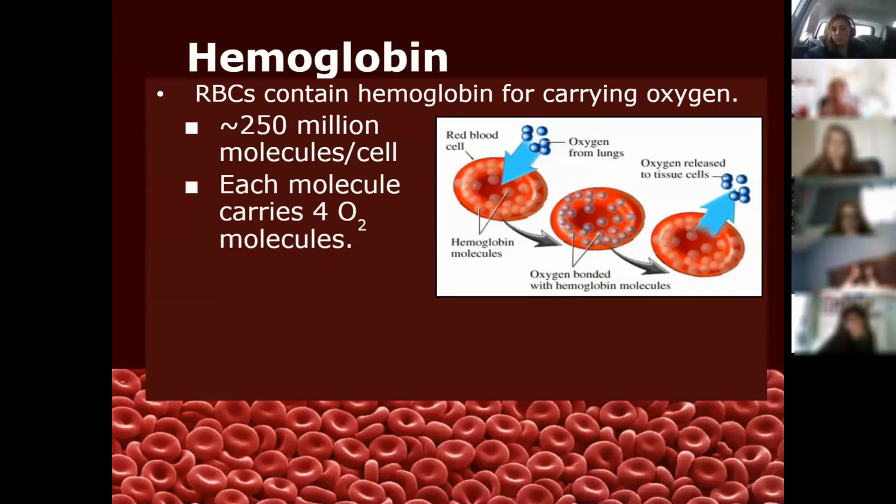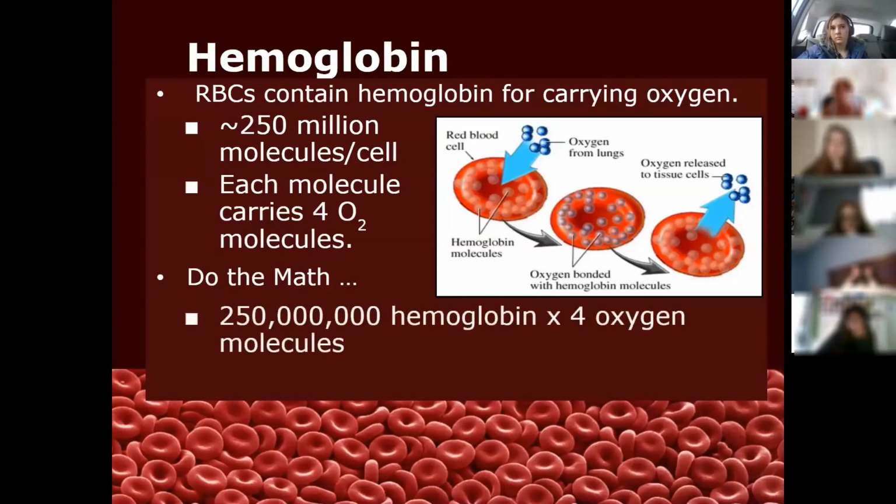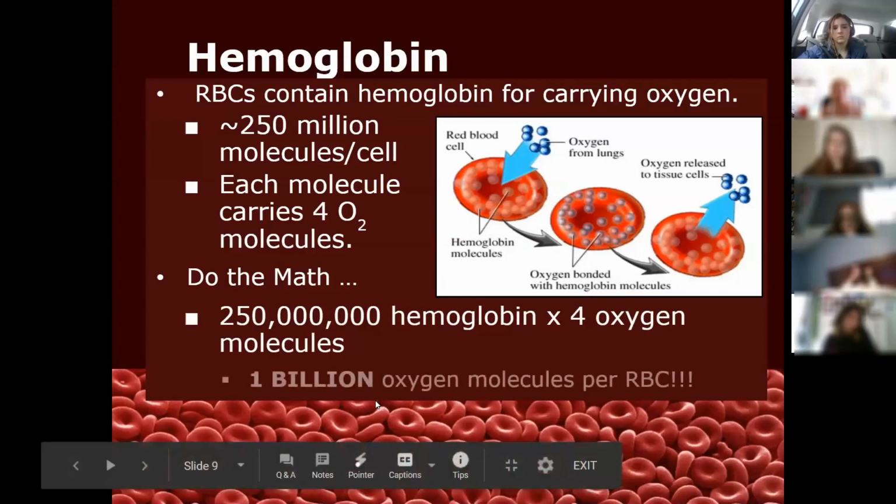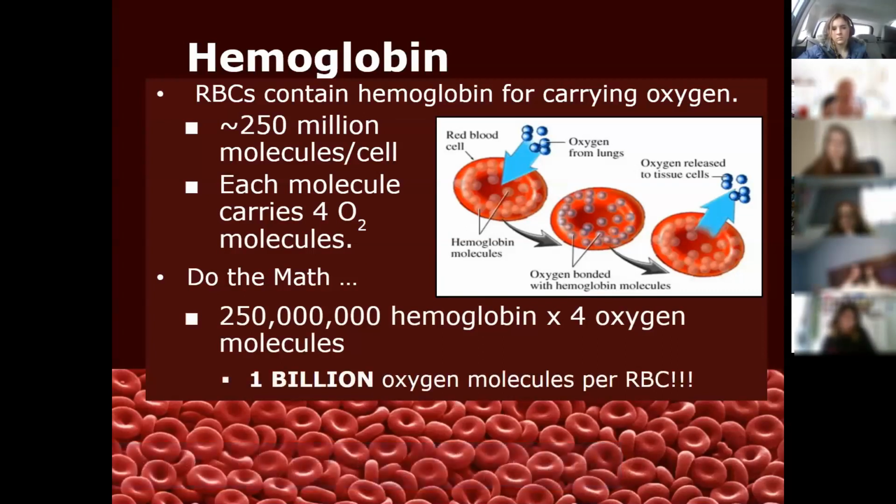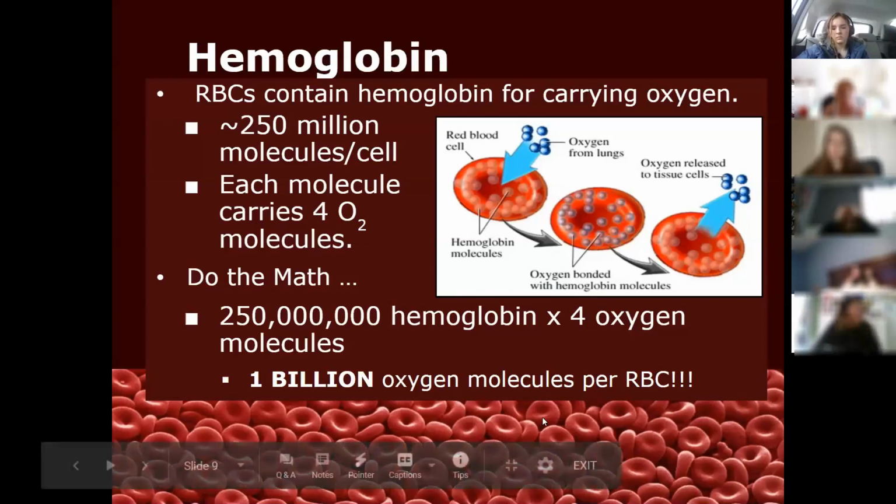So a hemoglobin molecule has 4 binding sites, 4 heme groups. Iron allows it to carry oxygen. So if you have 250 million molecules of hemoglobin, each carrying 4, that means you can carry a billion oxygen molecules. So I think you do see that number on the test, not the quiz, but the test.